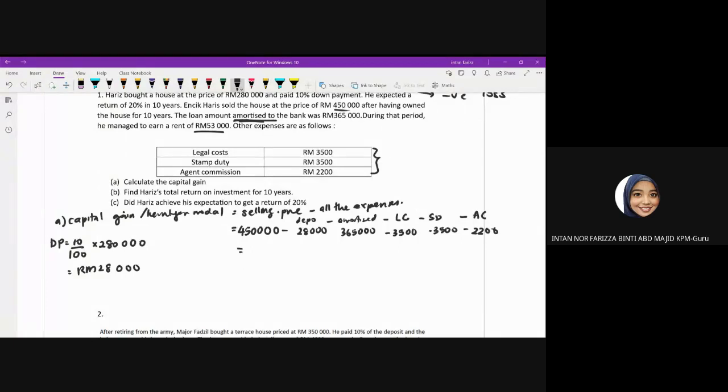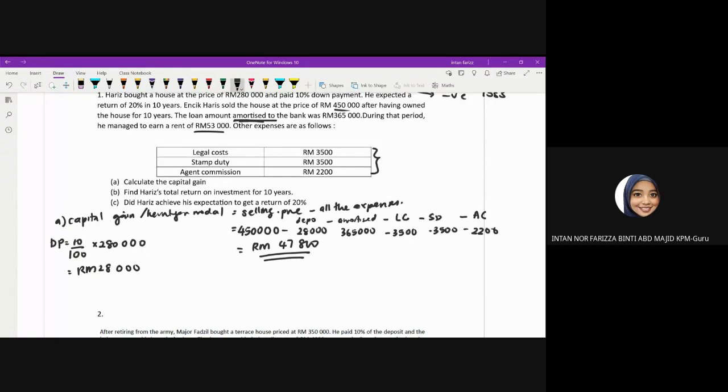Okay, calculate 450,000. Okay, RM 47,800. So this is the capital gain. Okay. So katakanlah dia dah sell the house. He has to minus all the expenses lah. So what are the expenses?